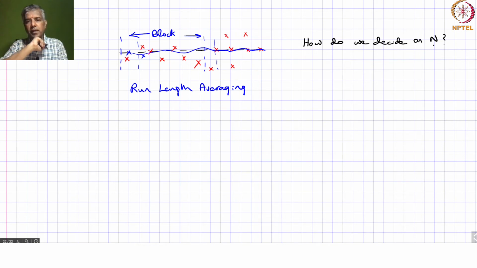Where n is the block of n samples that you are trying to average. Okay, how do we decide on n?